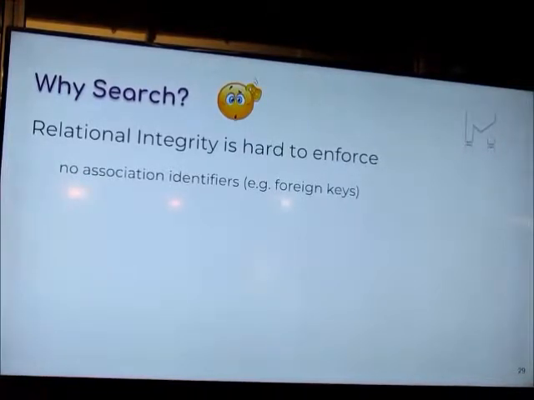So search by its very nature works on the assumption that there's no big index that exists somewhere, a pointing index, or foreign key index, or relational integrity index, that's going to tell me that you should go look at document 1 and document 2 and document 3. Right? I can search for those things. By its very nature, it's built that way.